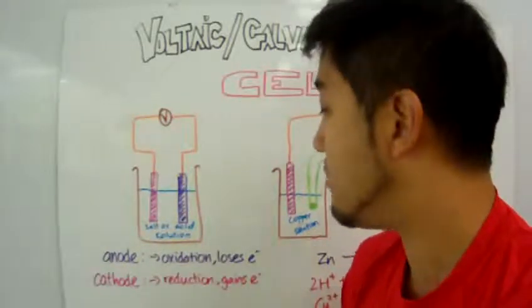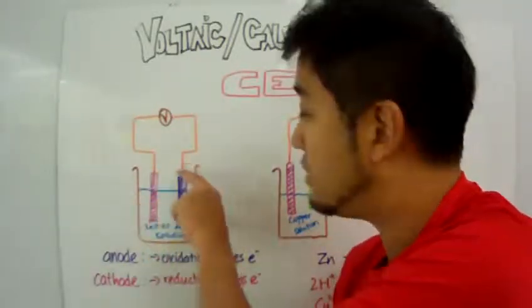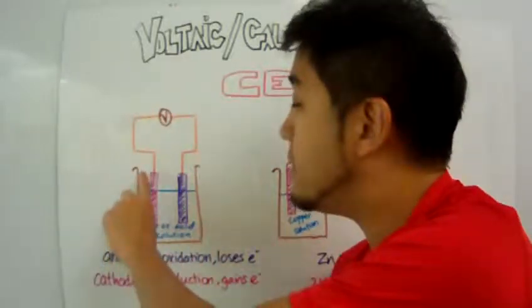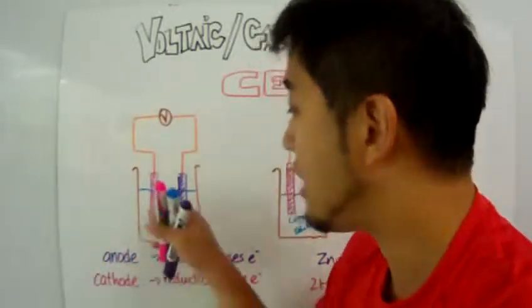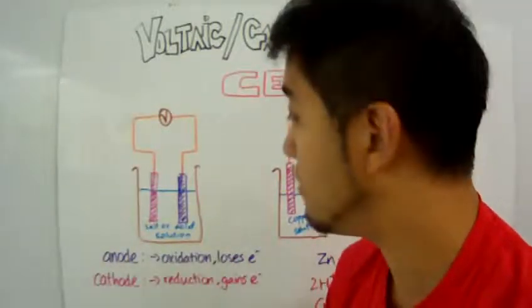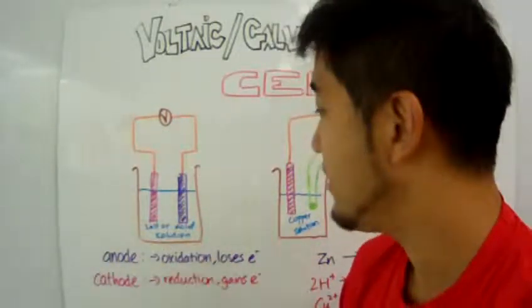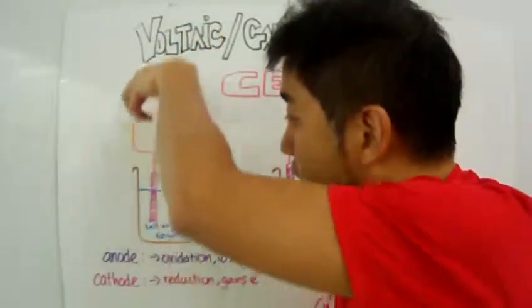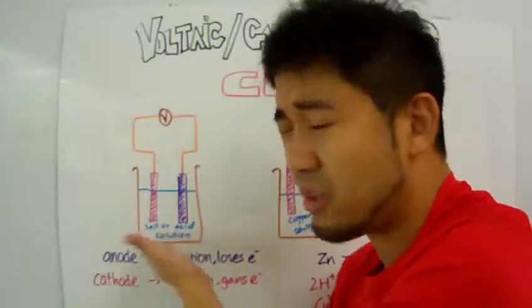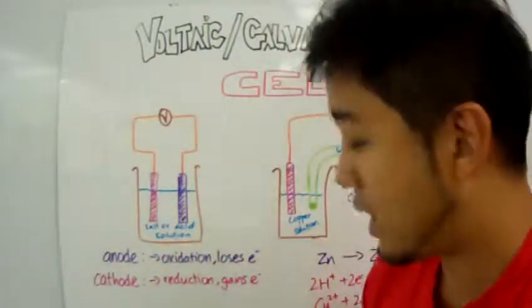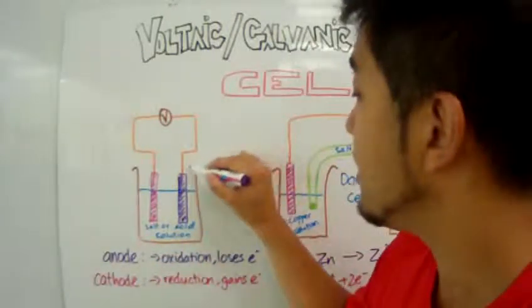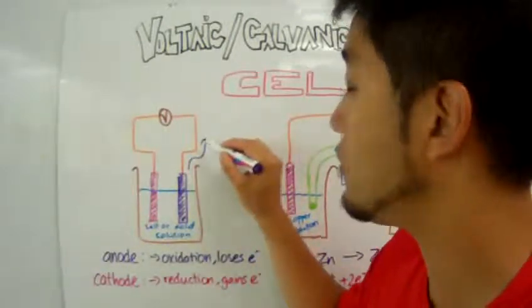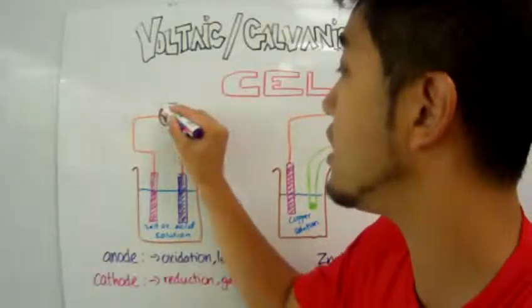So in this example, I have the more reactive metal as the purple metal, and the less reactive metal as the pink bar right here. When you complete the circuit by putting these in the salt or acid solution, what is going to happen in general is that electrons are going to flow out from the more reactive metal through the voltmeter.